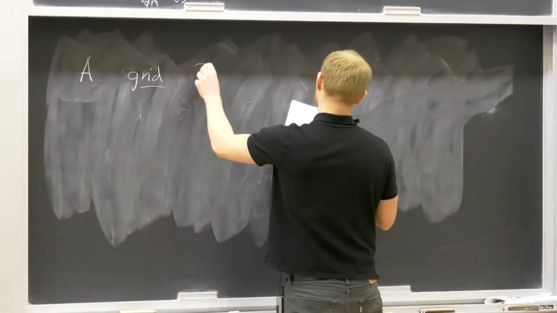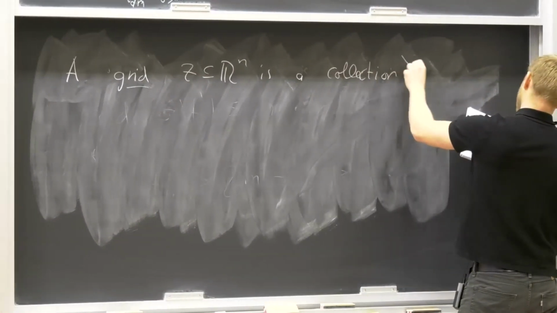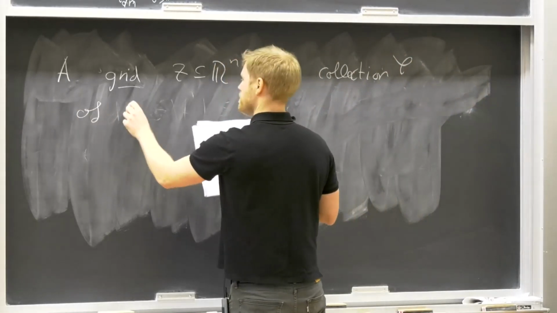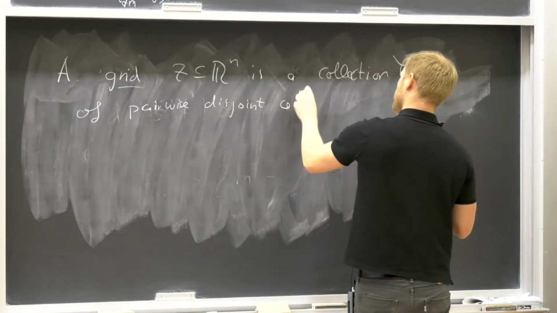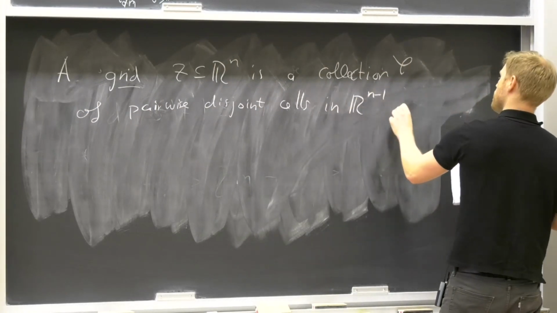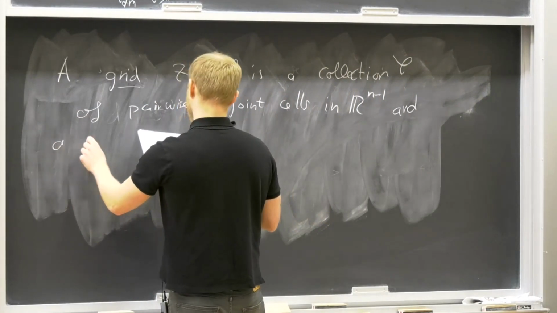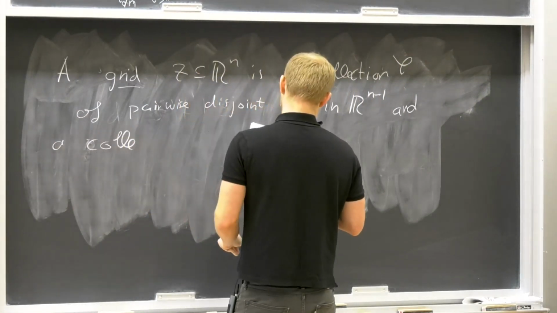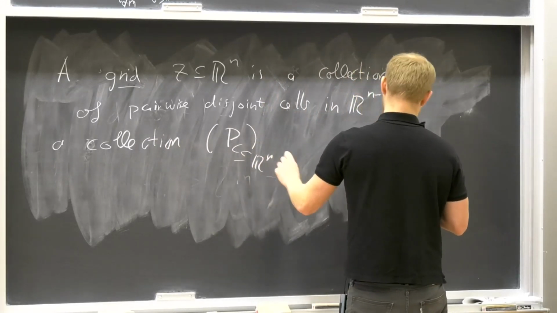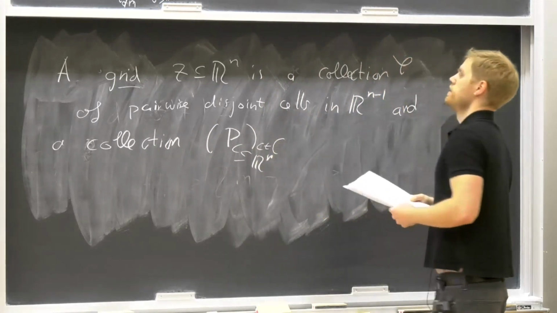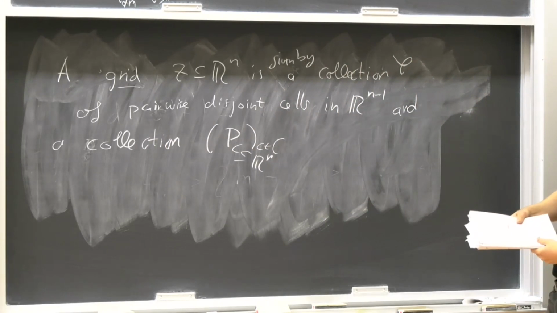And then a grid, again, is a collection, let's call this C, of pairwise disjoint cells in R to the n minus 1, and the collection is given by a collection of pairwise disjoint cells.